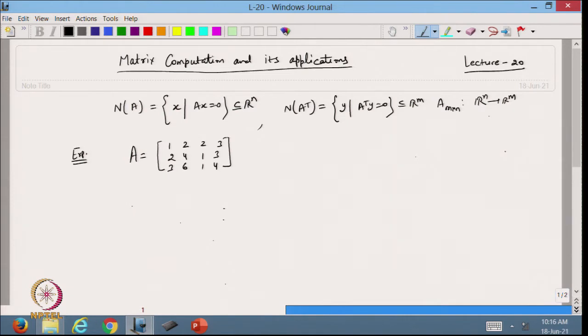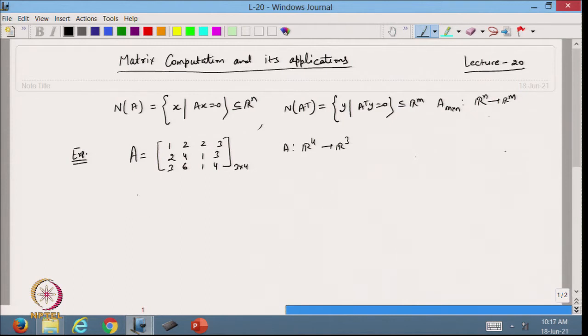So this is the matrix I have taken, and this is a 3 cross 4 matrix. So I can say that this is a map from R4 to R3.